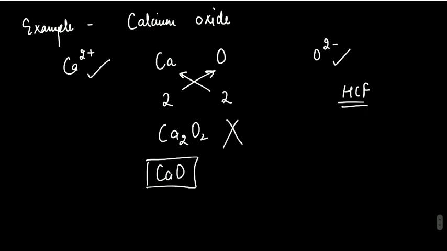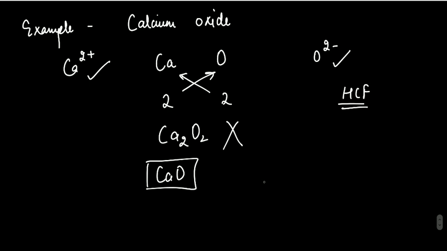If we write the chemical formula wrong in the mole concept, and some numerical is asked, and we calculate the mass of the chemical formula wrong because we predicted the formula wrong in the first place, definitely the molecular mass is going to be wrong. Ultimately the whole numerical will be wrong.